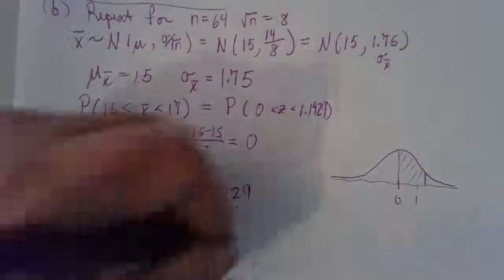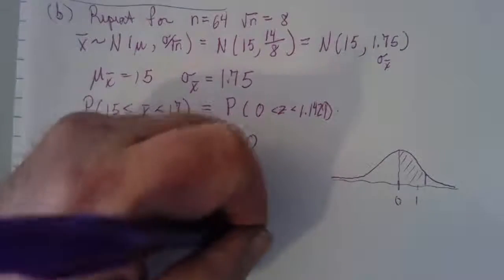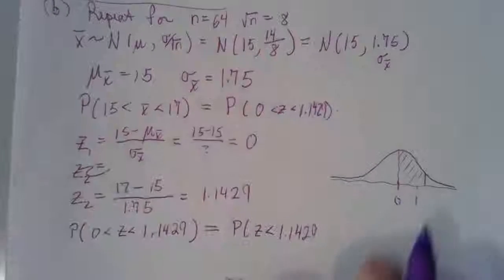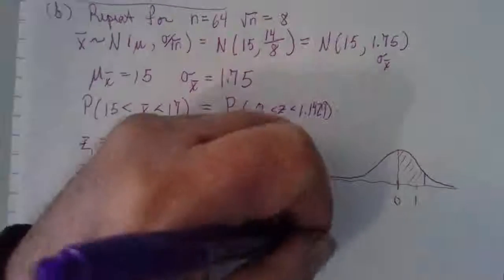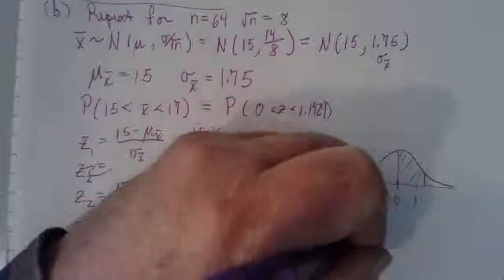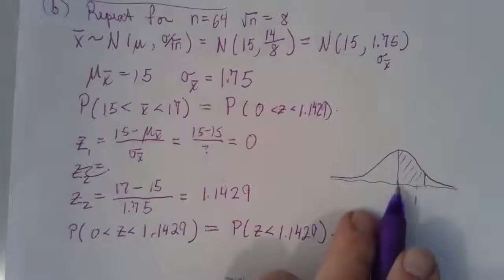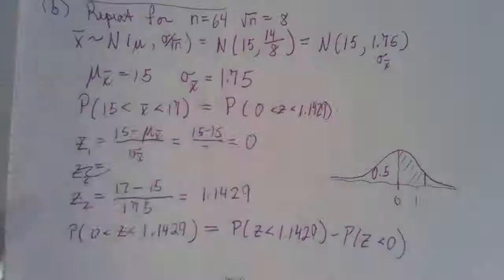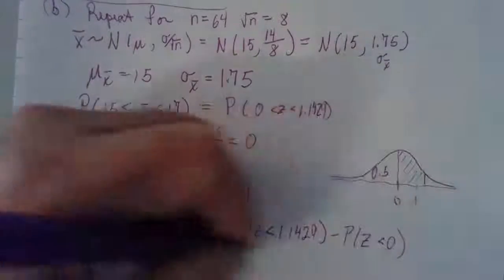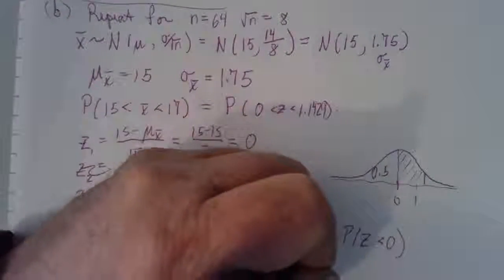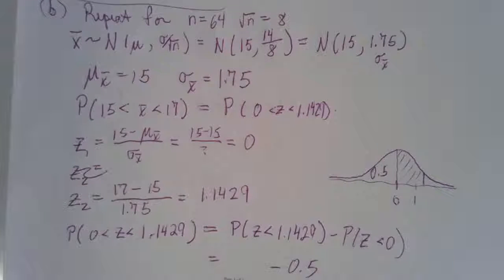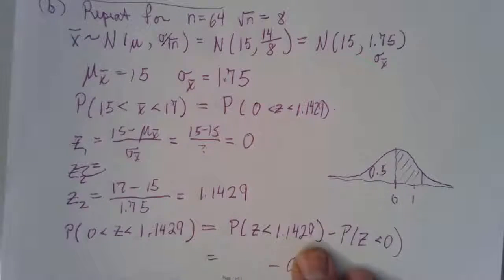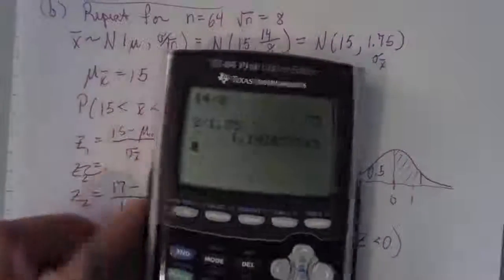And the way you do that is you find all of the area to the left of 1.1429, from here all the way back, minus the probability that z is less than 0. From here all the way back, that's just 1/2 of this symmetric distribution. So that's going to be 0.5 for this one. This is the only one we really need to look up. You could look this up on your table, look up 1.14, or you could do it on your calculator.